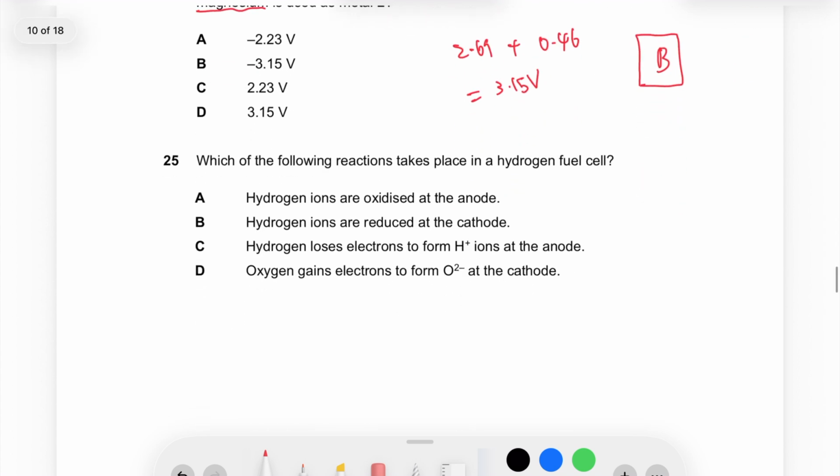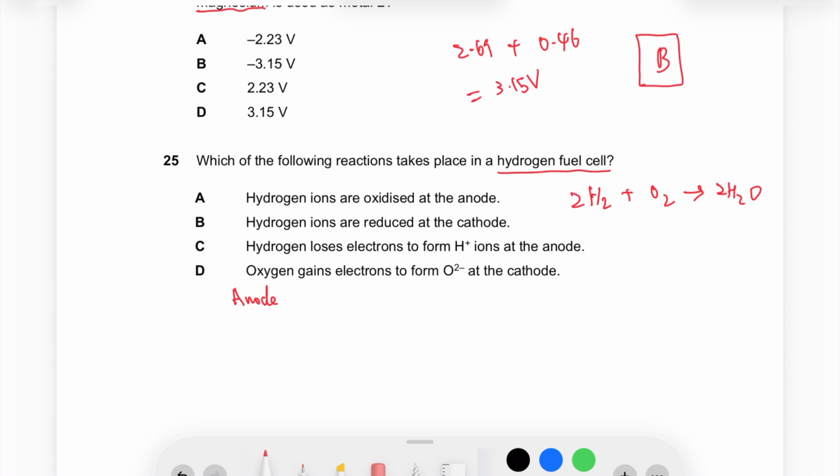Next, 25. Which of the following take part in a hydrogen fuel cell? For a hydrogen fuel cell, the overall equation will be H2 plus O2 gives you water, to balance it. There's no fire or burning involved. So you have to write the half ionic equations. Let's write the one for the anode first.